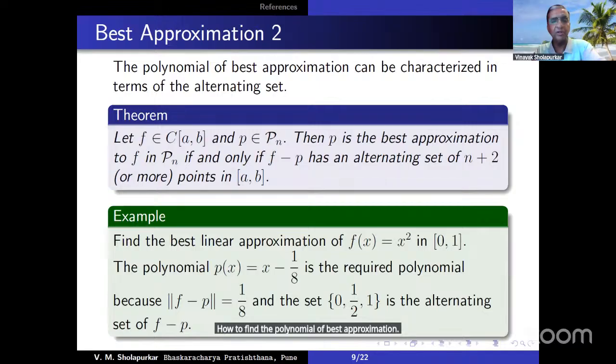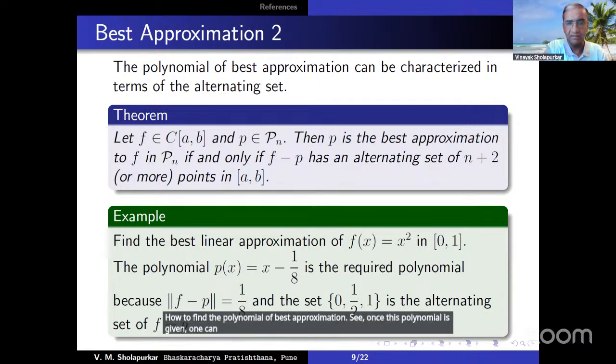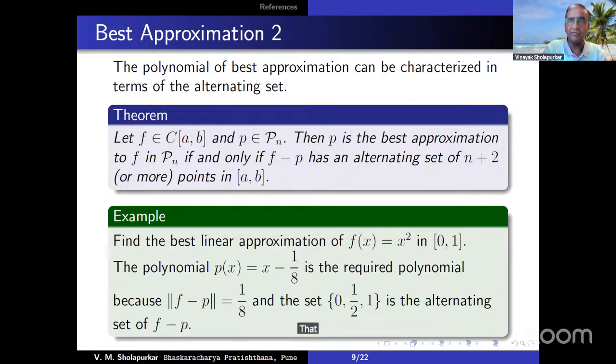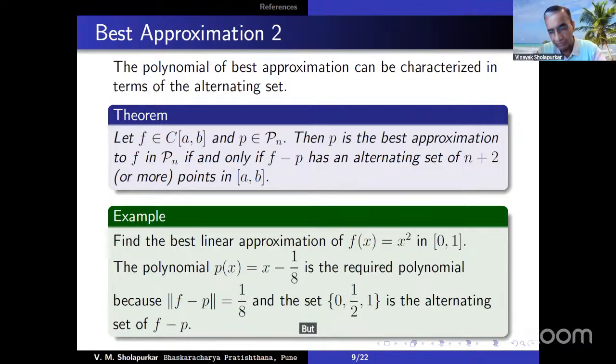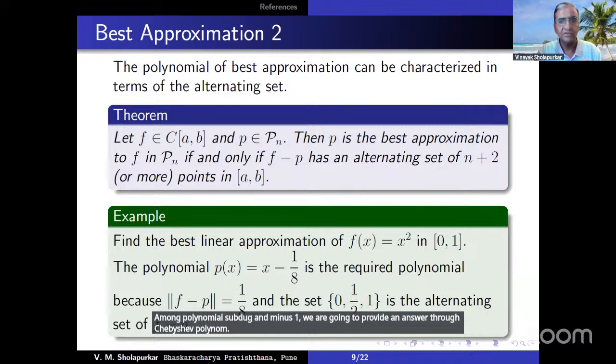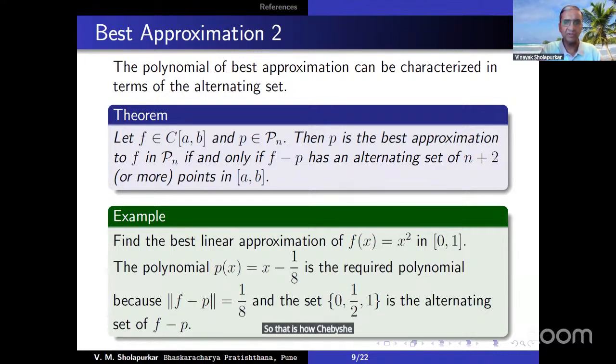See, once this polynomial is given, one can check that n plus 2 points form an alternating set. But how to come up with this polynomial x minus 1 by 8 is still a mystery. But as far as at least monomials are concerned, that is x to the power n, among polynomials of degree n minus 1, we are going to provide an answer through Chebyshev polynomials. So that is how Chebyshev polynomials will come into the picture.